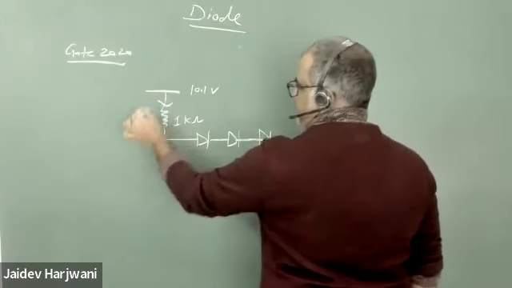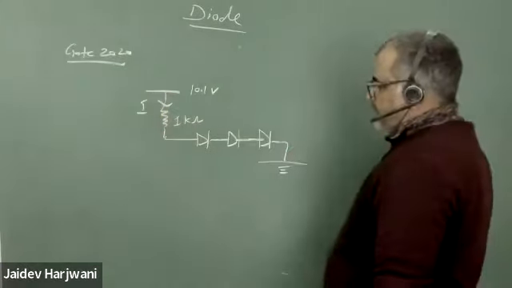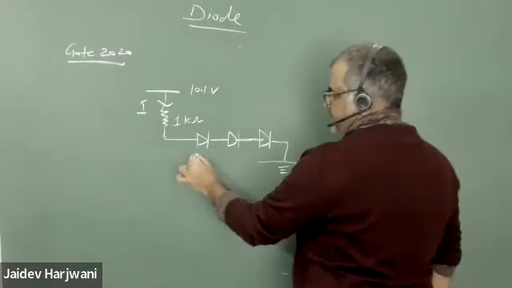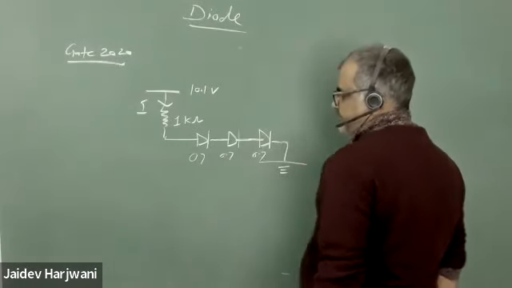How much current is flowing through the resistance? So this is 0.7, 0.7, 0.7.